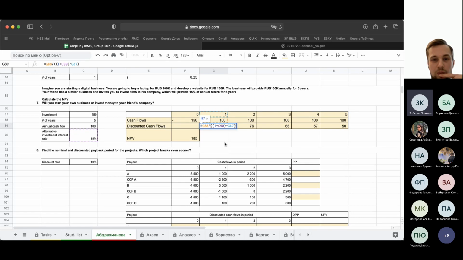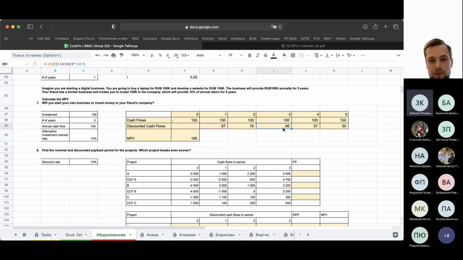So divide cash flow into discount factor, like 1 plus interest rate to the power of the number of the year. And in this line, discounted cash flows, for example, if we look at the discounted cash flow for the end of the third year, what does this value show us?